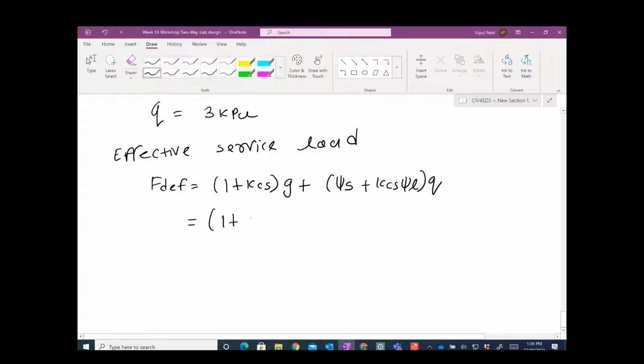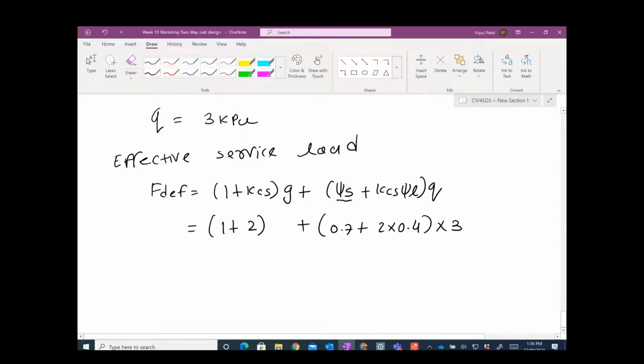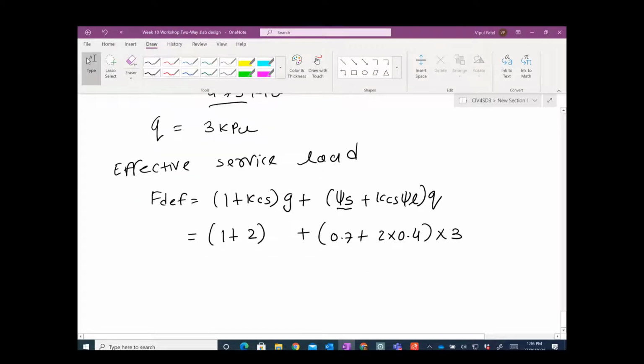So 1 plus KCS 2, plus psi short term factor 0.7 — I can show you where it's given — long term factor 0.4, live load 3 kilopascals, and G we calculated as 4.75 kilopascals.